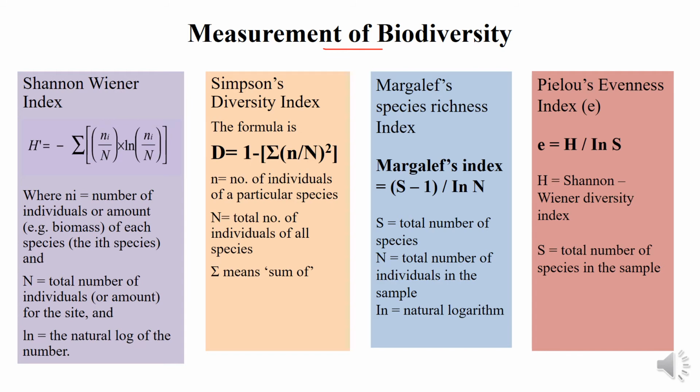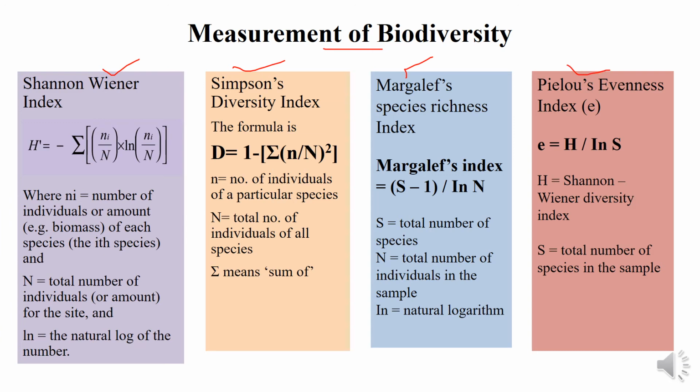How we can calculate them, with examples, we will see in the practical session. Here in diversity measurement you calculate the diversity indices. There are more, but the most important four are Shannon-Wiener, Simpson, Margalef richness, and Pielou's evenness.